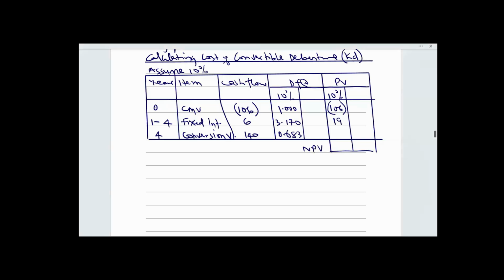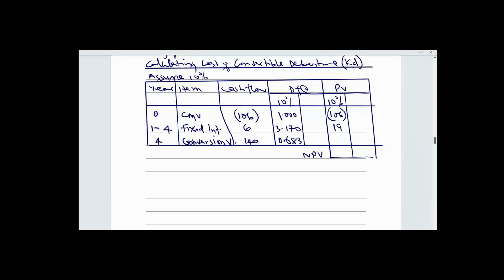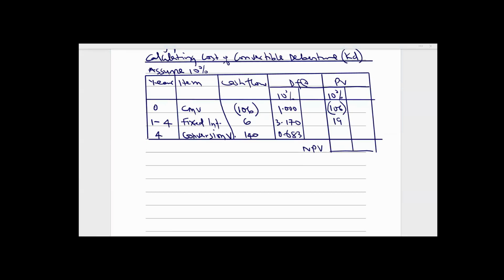Then 140 naira multiplied by 0.683, that's 95.62, approximately 96.